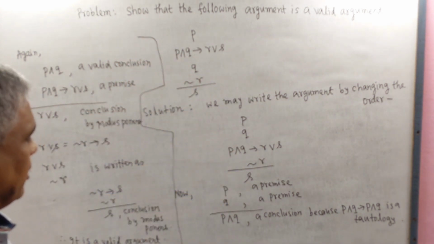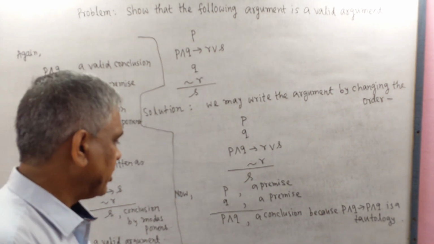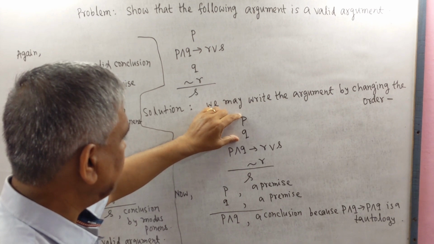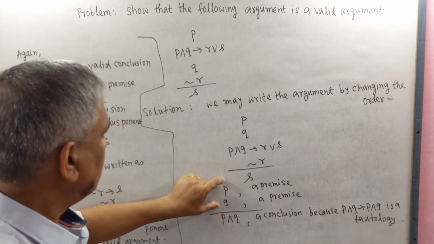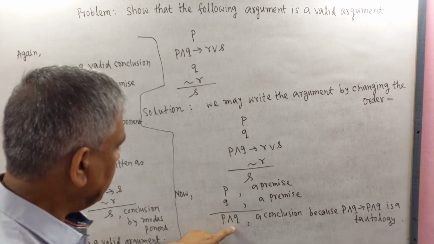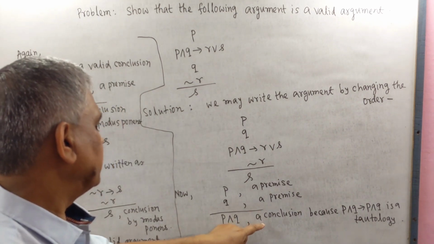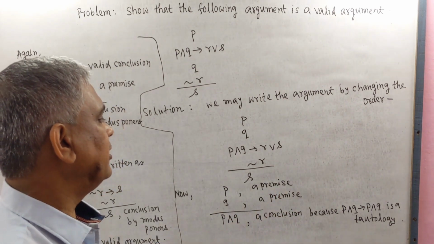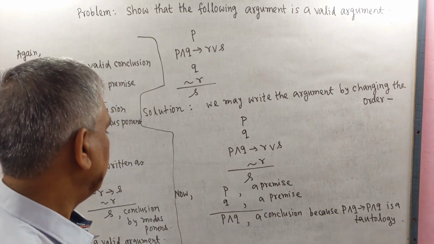Now we work to solve this. First we take two premises P and Q. Then the conclusion will be P conjunction Q. This is the conclusion because P conjunction Q implication P conjunction Q is a tautology.